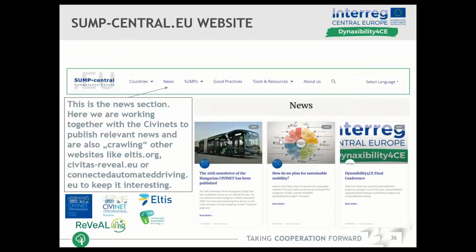As well, there's news from the project Dynaxibility4CE, but also from other projects and other websites. So we have developed a crawling functionality so that our audience in Central Europe can see also interesting news on SMP and mobility from sites like LTs and projects like Reveal or the connected automated driving.eu site, for example. And these are automatically translated to all of the program languages.